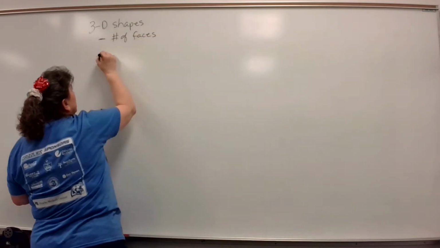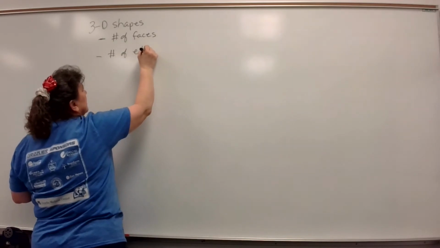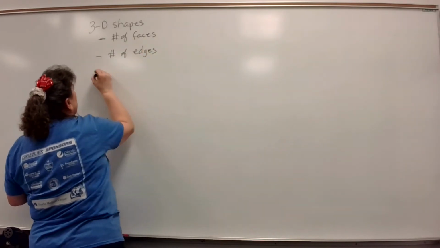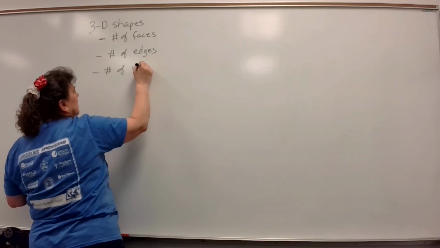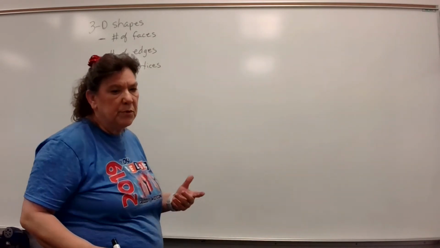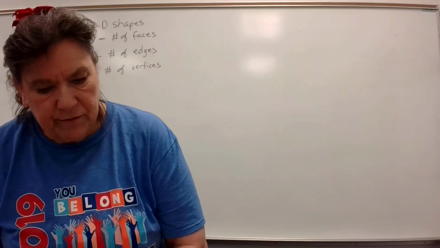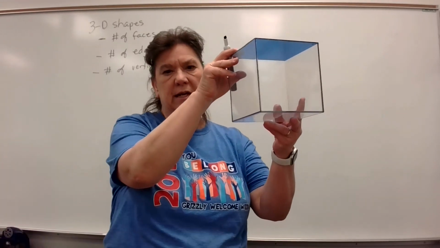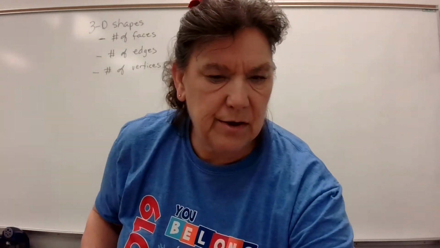You're also going to look at number of edges and the number of vertices. And these are going to be important things that are used to help you determine things. So let's look at this, and let's look first at the faces. I think I'll use the paper ones. They're easier to see on that.